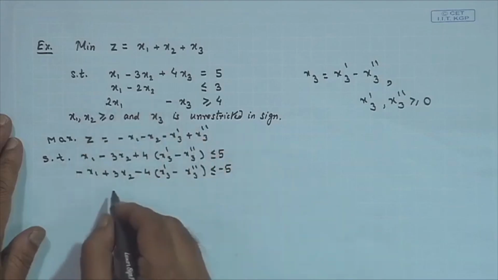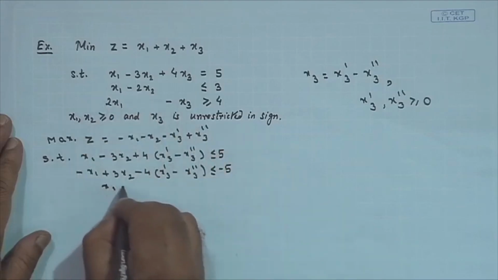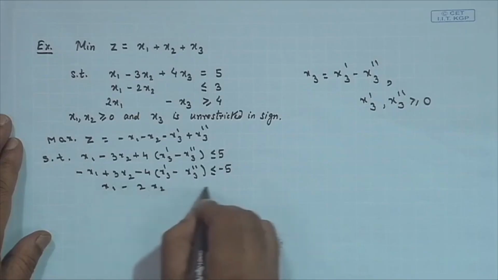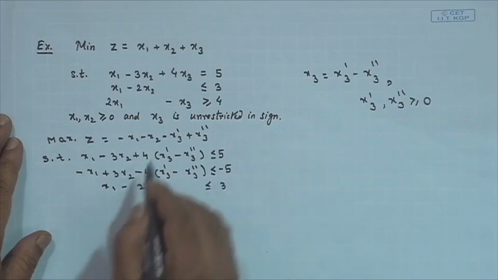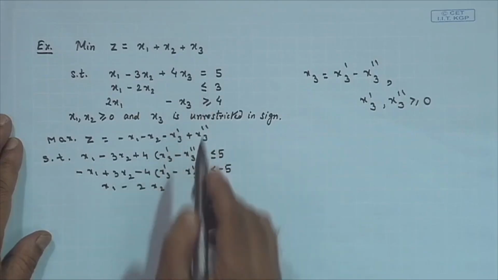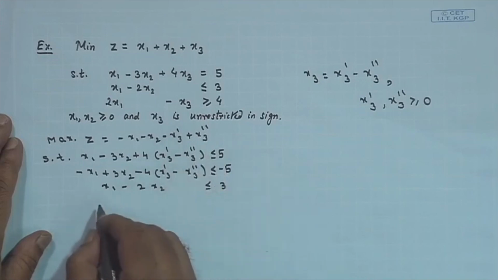The next one will remain as it is, x1 minus 2x2 less than or equal to 3, and this I have to change from the greater than type into the less than or equal to type.